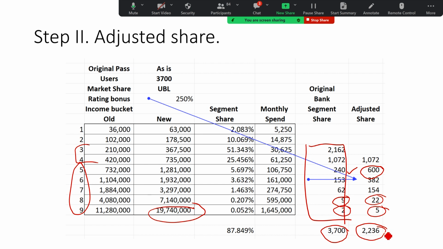Now in this 2.236 million, if I add this 2.162, how many number of users will you have? You will actually have 4.2 million. लेकिन जो UBL के number of customers हैं वो तो 3.7 million है. तो अब आपके पास एक बड़ा मसला आ गया कि you have an excess number of customers and you have to adjust it.